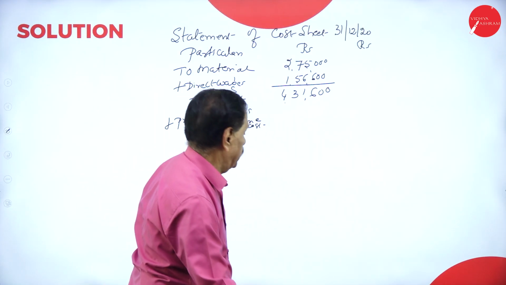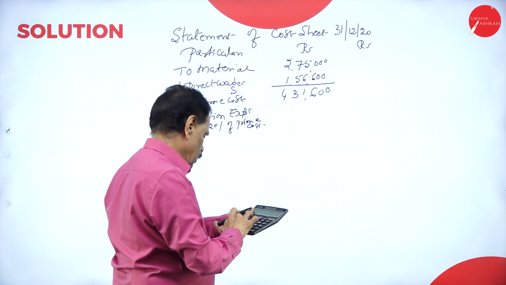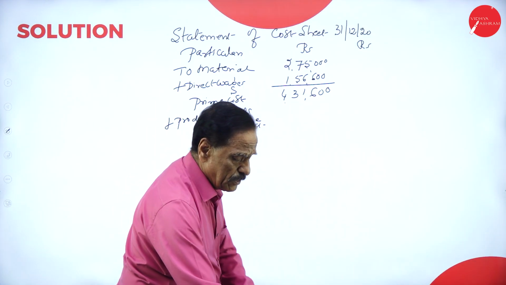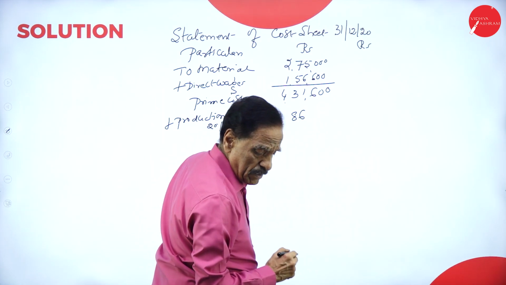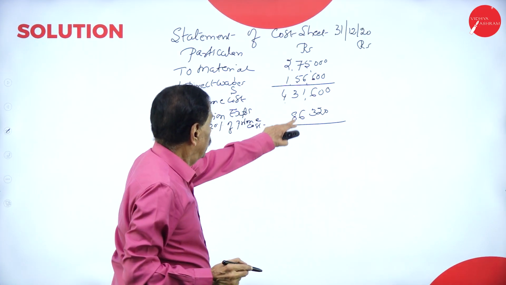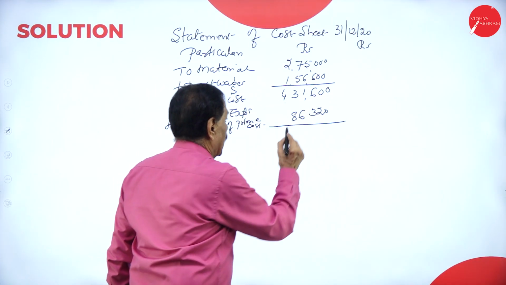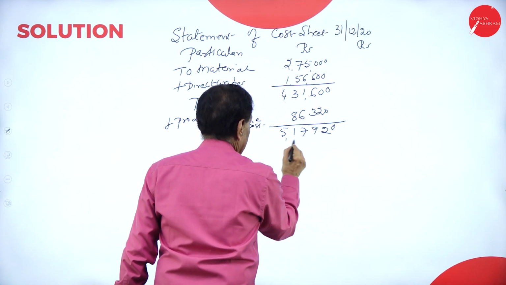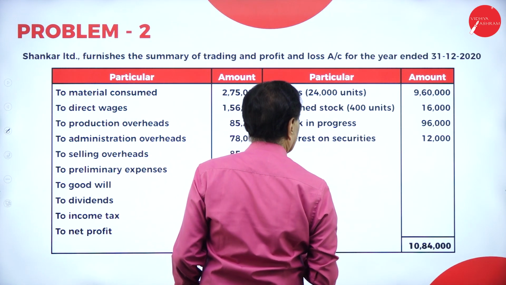So it is 4,31,600 into 20 divided by 100, which is 86,320. 20% of 4,31,600 is 86,320. Add, 5,17,920. Then there was a closing work in progress.